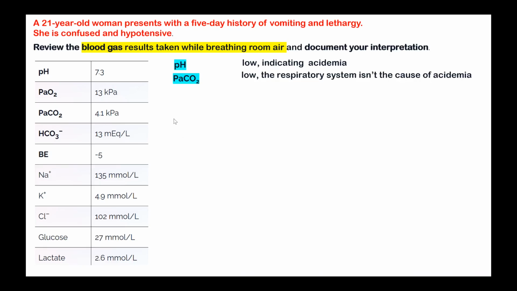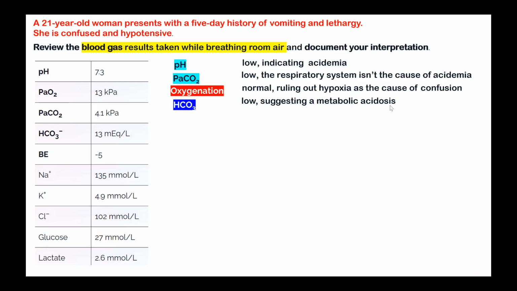And oxygenation, PaO2, is fairly normal, so we know hypoxia is not the cause for confusion. Bicarb 13 is low, suggesting metabolic acidosis. And base excess of -5 again indicates metabolic acidosis.